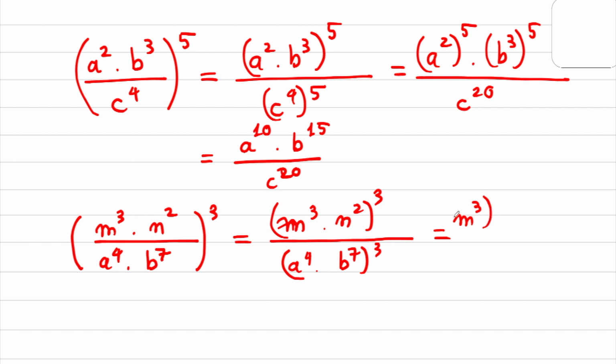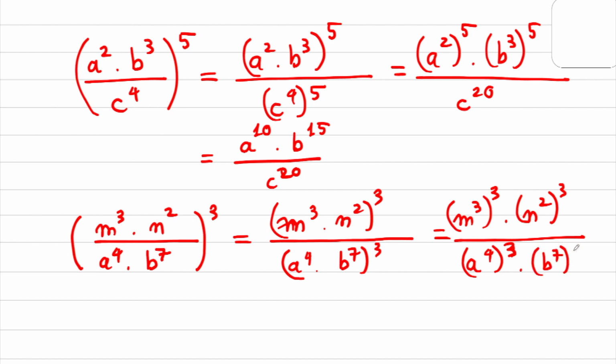You got m to power of 3, and then 3 outside, n squared inside the bracket, 3 outside one more time. How about this one? a to power of 4, 3 outside, and b to power of 7, 3 outside one more time. So m to power of 9, n to power of 6, and a to power of 12, and b to power of 21.